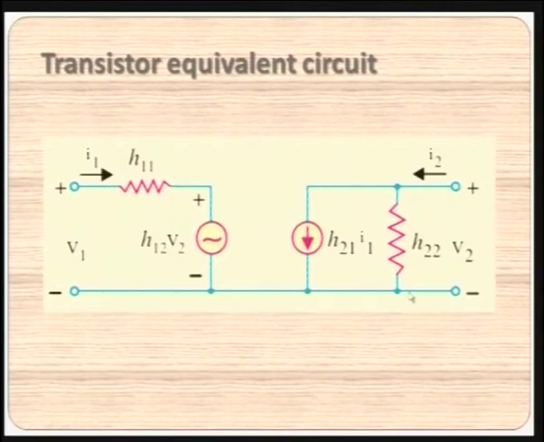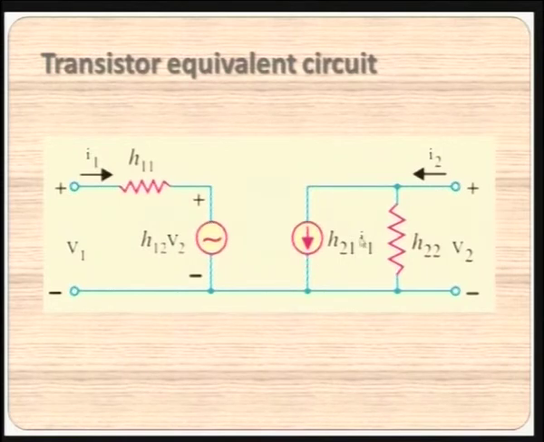So the first equation takes care of this part, which is the voltage term, and surprisingly when we look at the output side, the second equation is highlighted. It is a current equation. We had IC, which is shown here as I2, and which is equal to one current generator. What is the current generator? It is I1 multiplied with H21. H21 is the forward current gain.